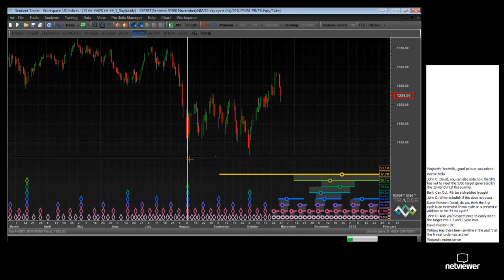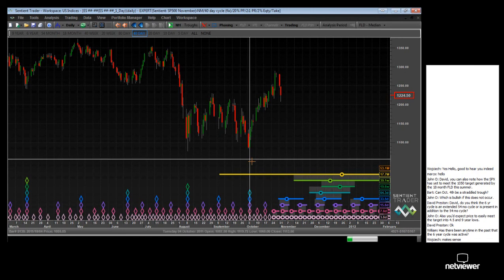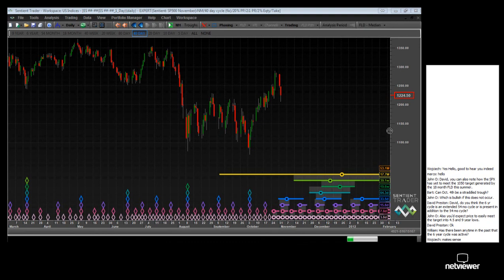Then what happened was that the market surprised us, or it certainly surprised me. I think everybody was pretty much on the same page with the 40-week trough in March, and price moved on really quickly into early August, and I think many people agreed that was probably a 20-week cycle trough.